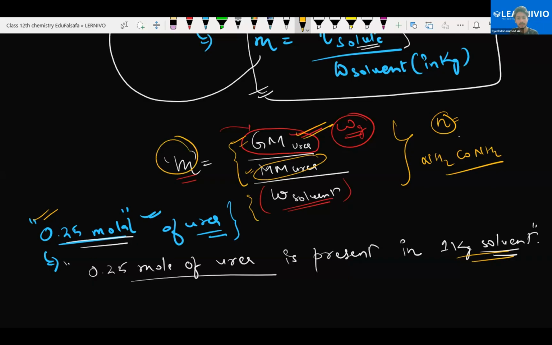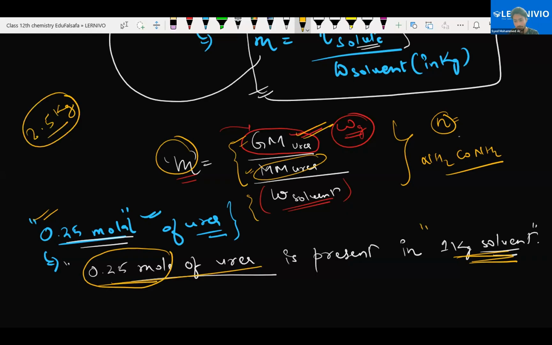By expanding this term, you end up getting the number of moles which is present in 1 kg. If 1 kg of solvent contains 0.25 moles of urea, then the question asks you what happens if it is replaced by a solution weight of 2.5 gram.